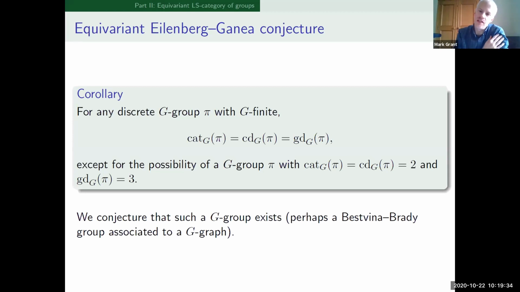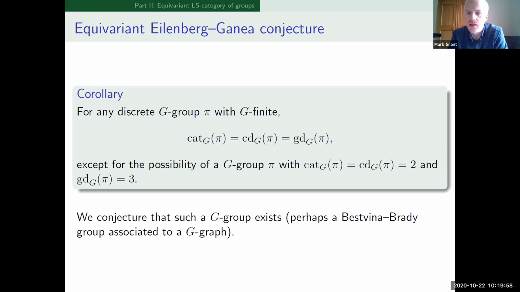Yes, so this is precisely the example we're looking at. So they take this graph, which is the one skeleton of a flag complex, which is the punctured Poincare sphere essentially, and it has an action of A5.